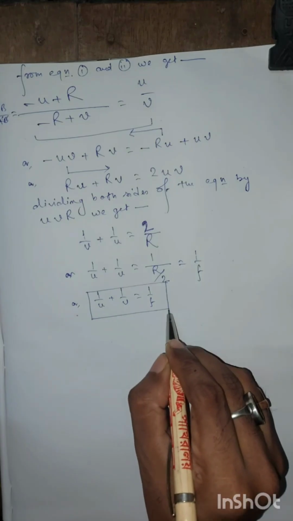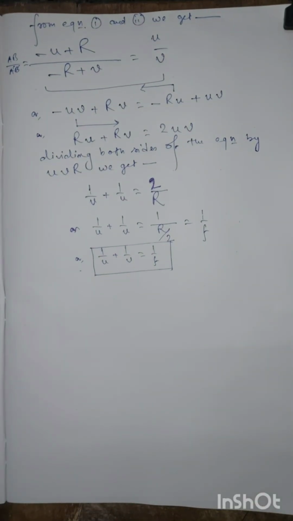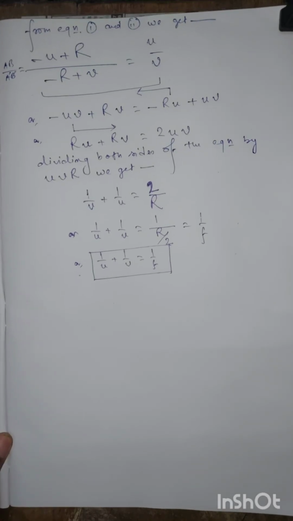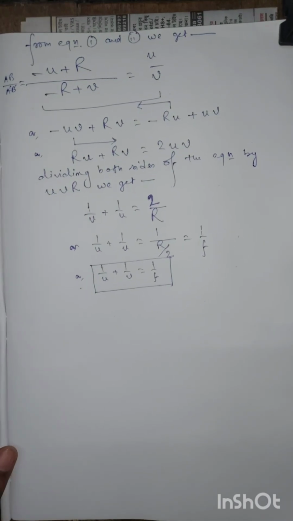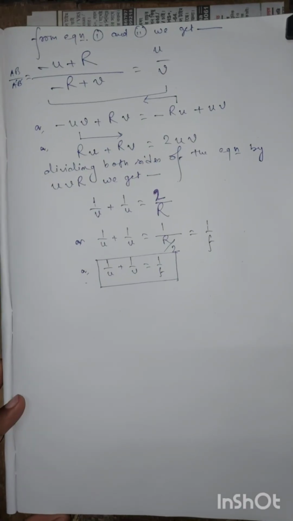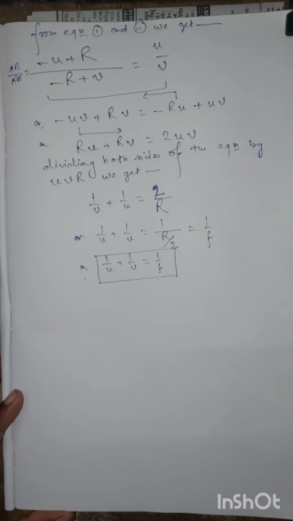So this is our mirror formula for a concave mirror when the image is a real image. So I hope you have understood it. Go through it carefully, you will be able to understand.